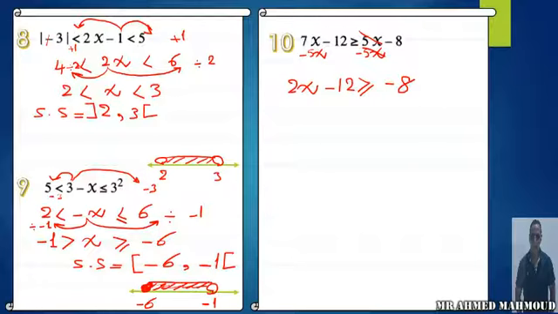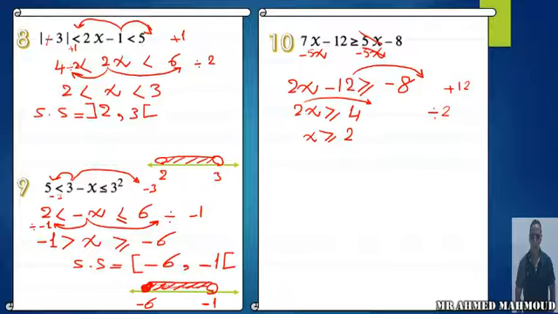Now I'm going to send minus 12 to the other side as plus 12. Then 2x greater than or equal to negative 8 plus 12, which equals 4. Now I'm going to divide by 2. Then x greater than or equal to 2.